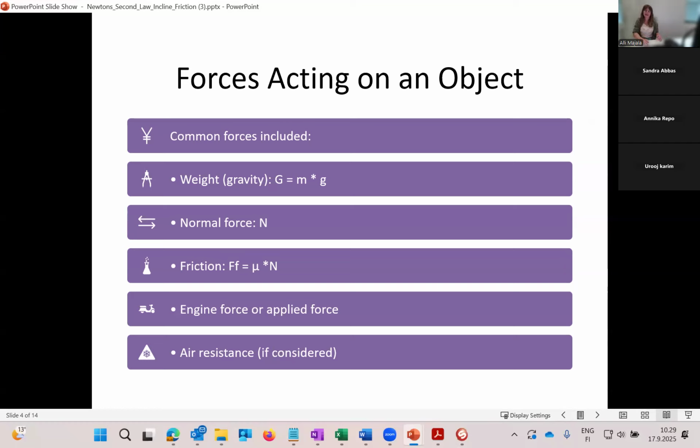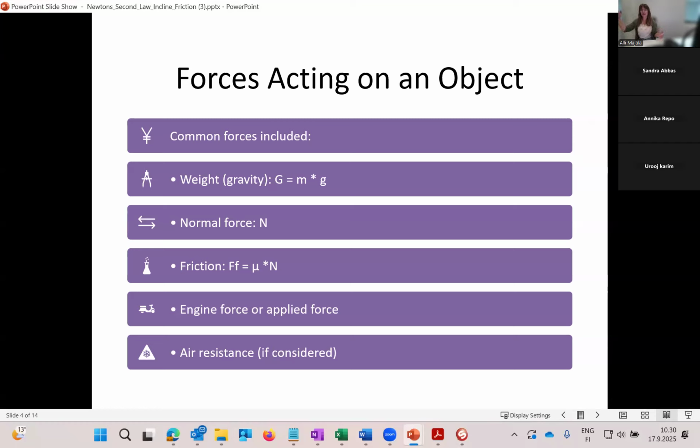Okay, so this is how this all is interconnected. So you need to calculate the normal force. And when you're on a horizontal plane, it's really easy because it's the same as the G. So you just multiply the mass with the small g, 9.81.